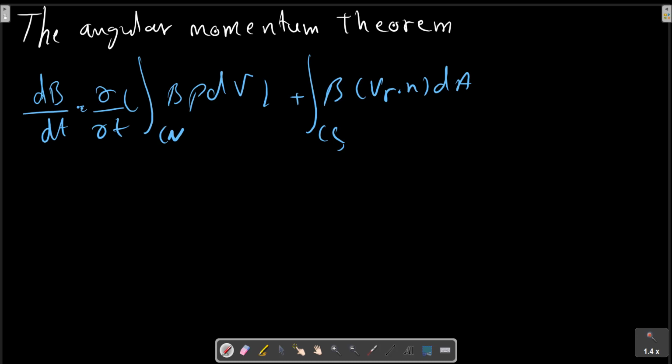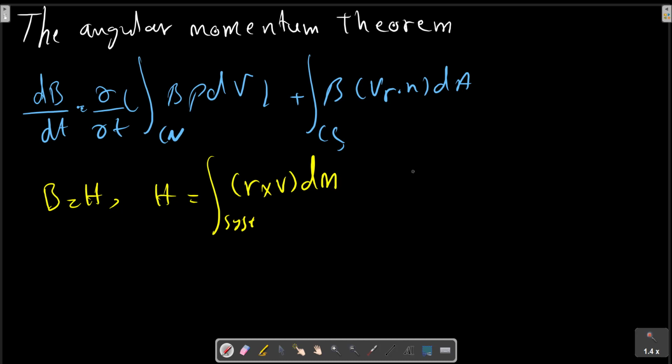So in the case of angular momentum, we have B equals H, and H equals the integral on the system of r cross V dm. We can write the beta relation as dH on dm.